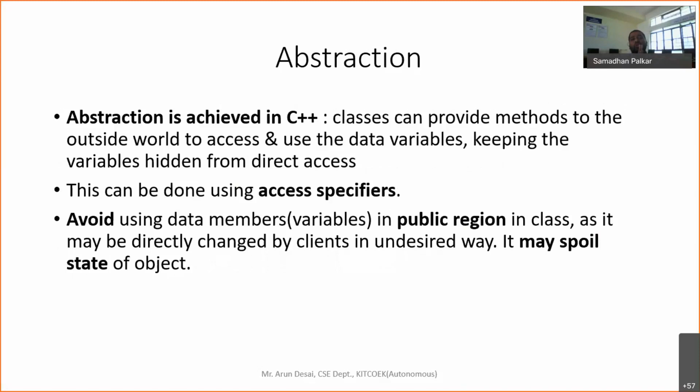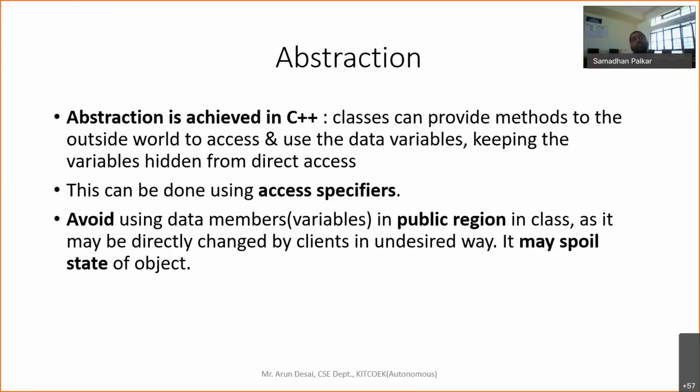Now how is abstraction achieved in C++, right? Every class has something inside its curly braces, and those are variables and functions, just like in your C program. Those variables are called data members in C++, whereas those functions are called member functions or methods in C++, right?